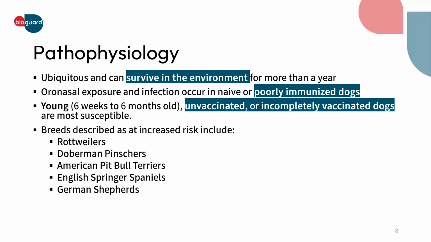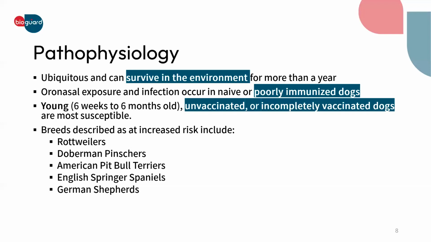When we talk about the pathophysiology of parvovirus, it can survive in the environment if it's not properly eradicated, and it can be there for years. This makes poorly immunized dogs more vulnerable to parvovirus infection from the environment, especially young dogs from 6 weeks to 6 months of age who are not yet vaccinated.